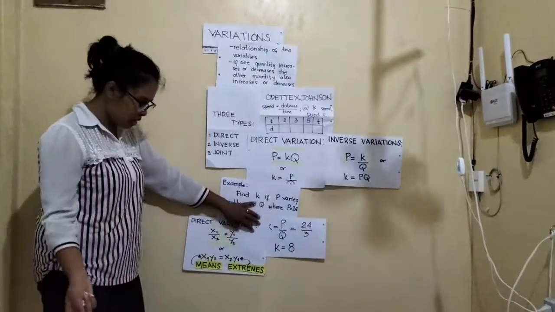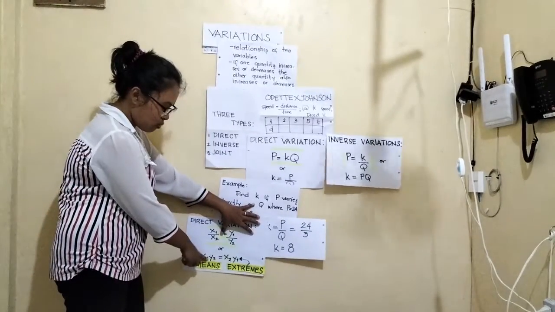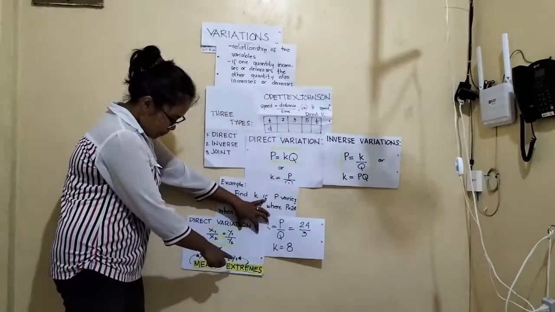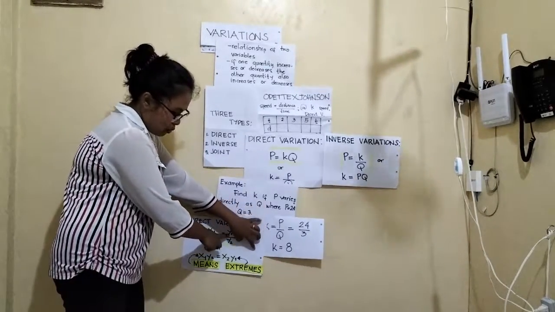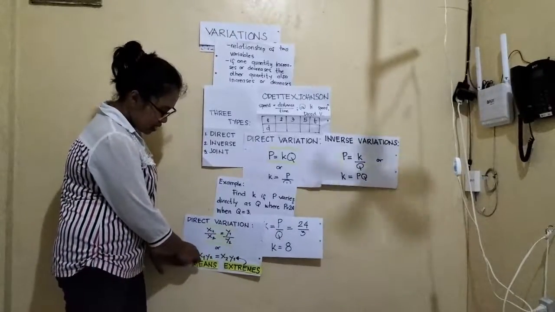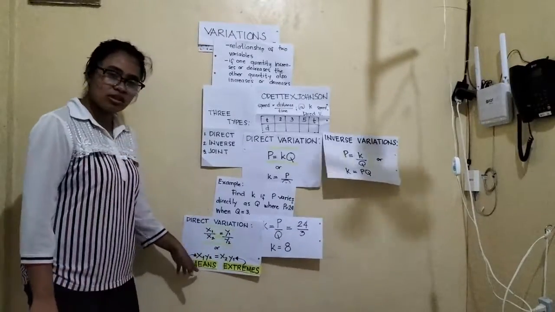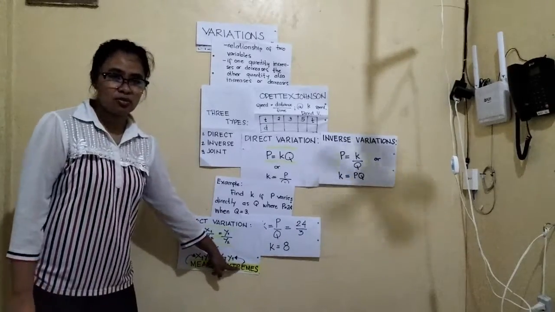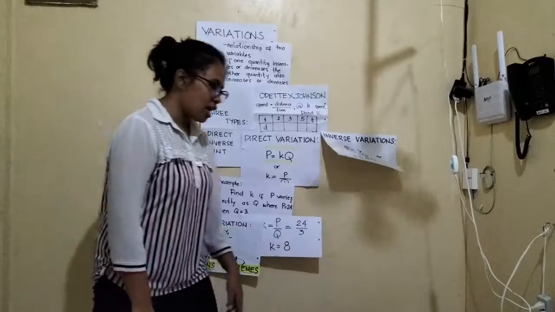Or by cross multiplication, we have X sub 1 multiplied by Y sub 2 is equal to X sub 2 multiplied by Y sub 1. Wherein, in this case, this product is called the means, and this other product is called the extremes of this equation, right?